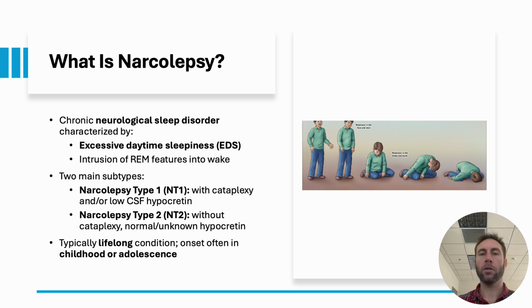Type 1 includes symptoms such as cataplexy, which we'll discuss more later in the slideshow, or low hypocretin, or both. Type 2 lacks cataplexy and has more uncertain biology. There's no real understanding of the major indicators of type 2. It's just if you have all the primary narcoleptic symptoms just without the cataplexy and the low hypocretin, then you probably have type 2 narcolepsy.